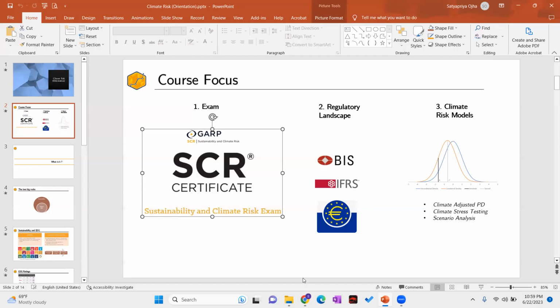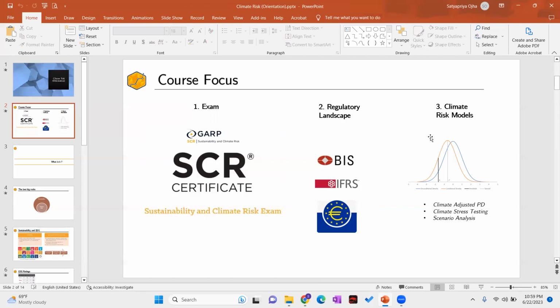Anything from your job requirement, or anything personally, if you need help in climate risk, let me know the areas. If it is possible, I'll add it. Could be specific to any regulation or any specific climate risk model that you have been exposed to but you're not able to understand. If it is relevant, definitely I'll include it in the course.